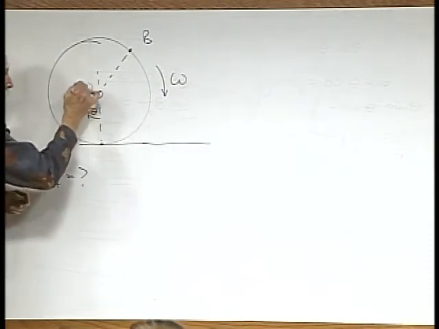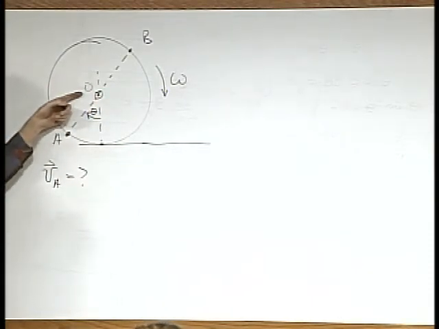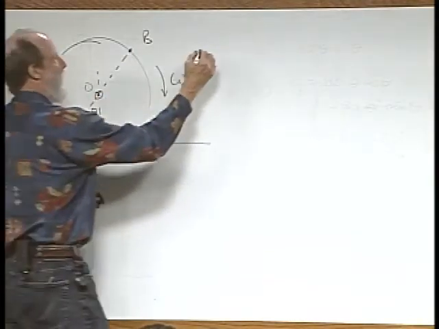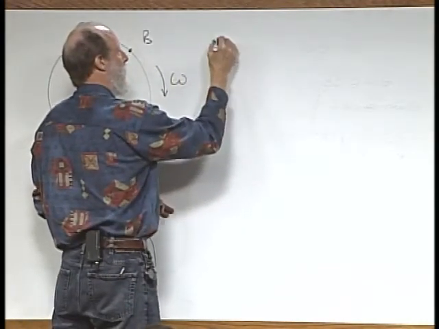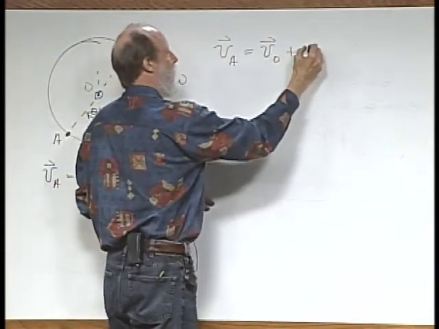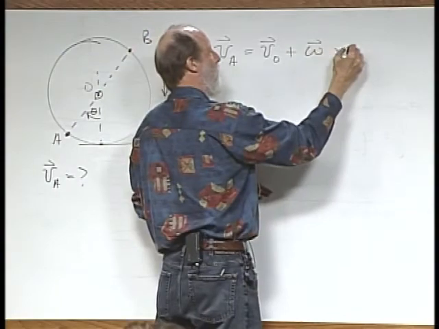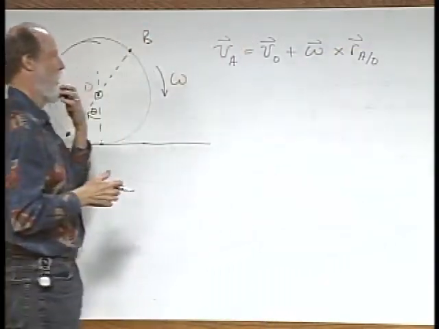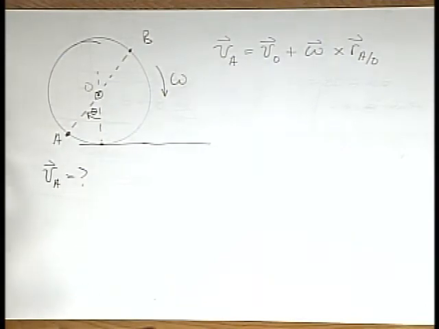But here's a hint. Try this. Velocity of A equals the velocity of O plus omega cross r of A relative to O. What do you think about that? Is that going to help us any?